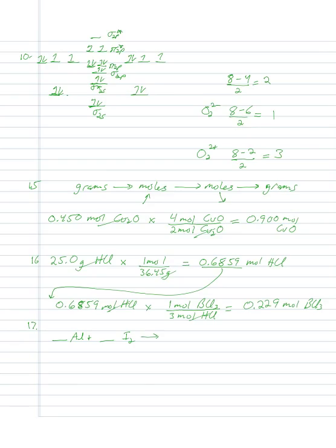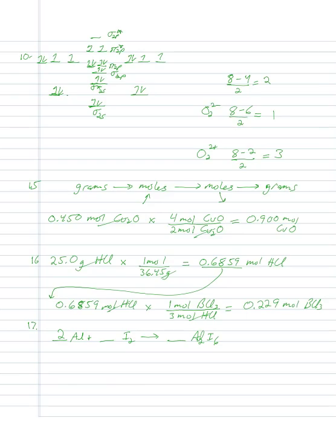We're going to take this value right here, 0.6859 moles of HCl, as our starting number for our next conversion, times, and we look at our reaction, 1 mole of BCl3, that's what we're looking for, over 3 moles of HCl.